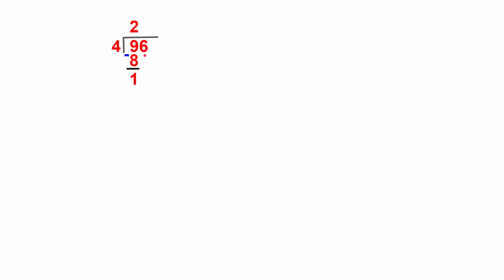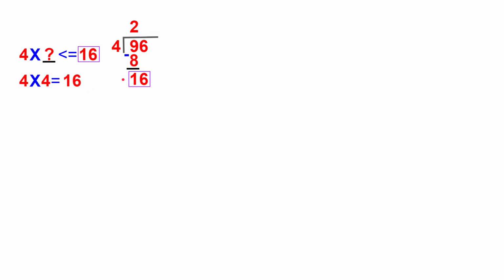So we take it down, the 6 here, and we put it right next to the subtraction result that we got. And now we need to ask ourselves, which number that if I multiply it by 4 will give me 16 or almost 16? Well, we all know that 4 times 4 is 16. So it's great.